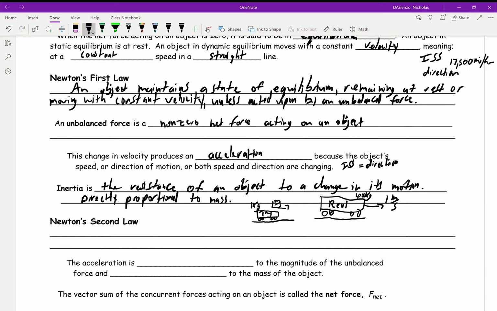The reason is, the real train has significantly more inertia. And that's because it is 1,000 times, at least in this scenario, heavier than the toy train. So it's going to resist any changes in its motion because it is so heavy. It has a lot of inertia.